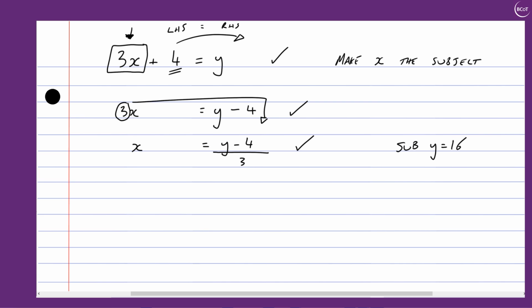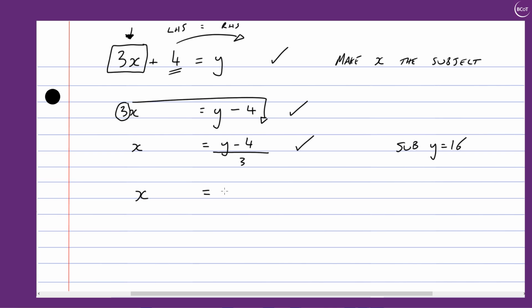And at this point we may as well introduce substituting numbers into variables. So all that means is stick a number in where a letter is. So you may be asked additionally to substitute y as the number 16. So you plug 16 in wherever you see y, and then we can work out the actual value of x.